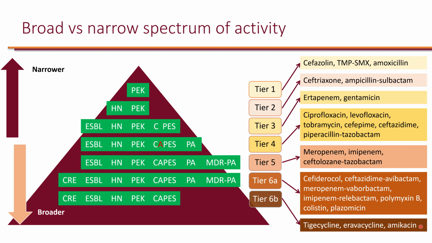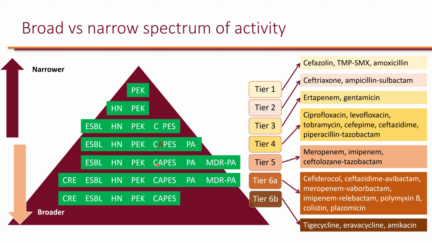One thing I want to mention about Acinetobacter. Acinetobacter is also an organism that can easily develop resistance to multiple classes of antibiotics. So I mentioned that tier 3 doesn't have activity against Acinetobacter. Now, in tier 4, depending on the agent, it may or may not have activity against Acinetobacter.